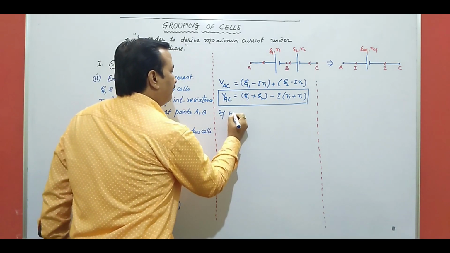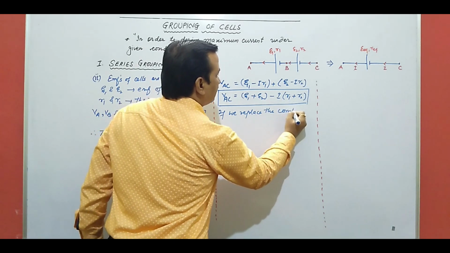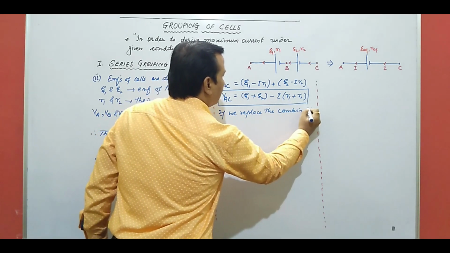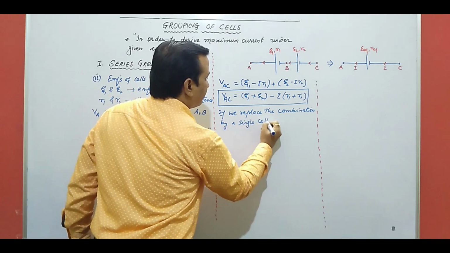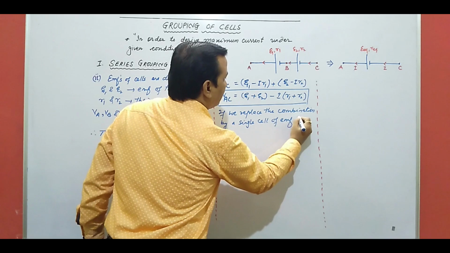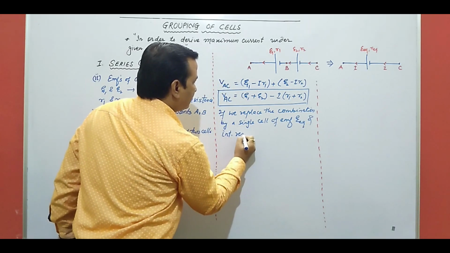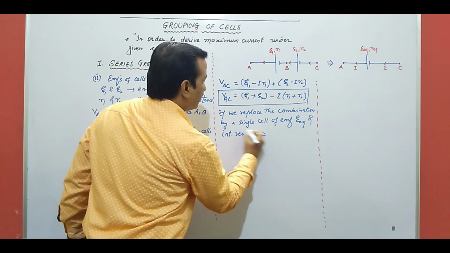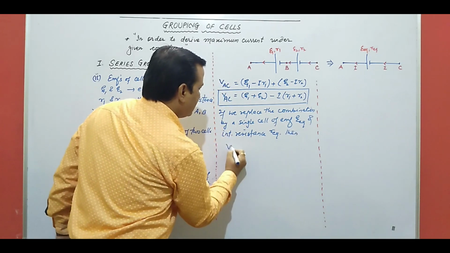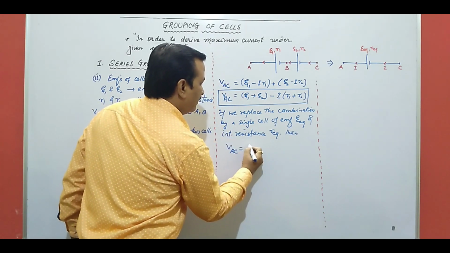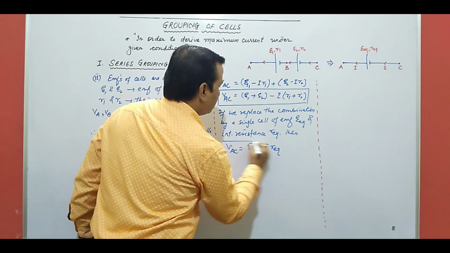Now, if we replace the combination by a single cell of EMF E equivalent and internal resistance R equivalent, then what should VAC be? E equivalent minus IR equivalent.